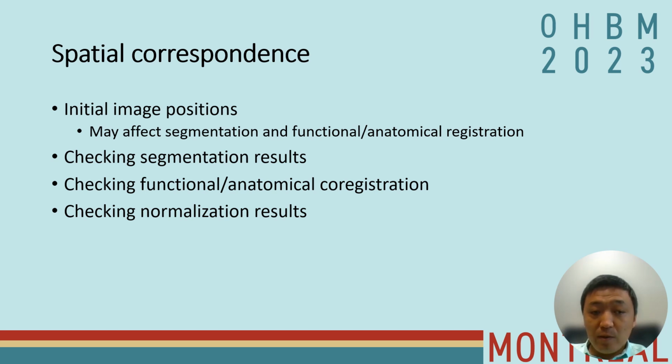It is a very important step to ensure that the co-registration between functional and anatomical image or the segmentations will be performed correctly. And after each of these spatial preprocessing steps of segmentation, co-registration or normalization, we also need to check the output to ensure that those image registrations are performed correctly.